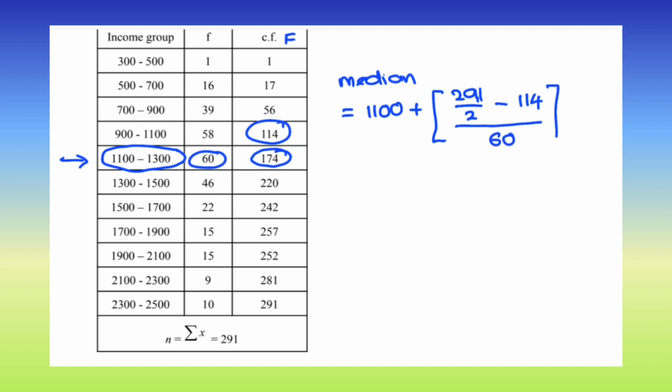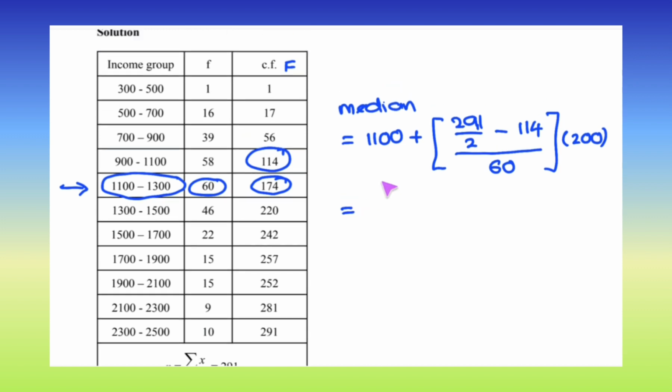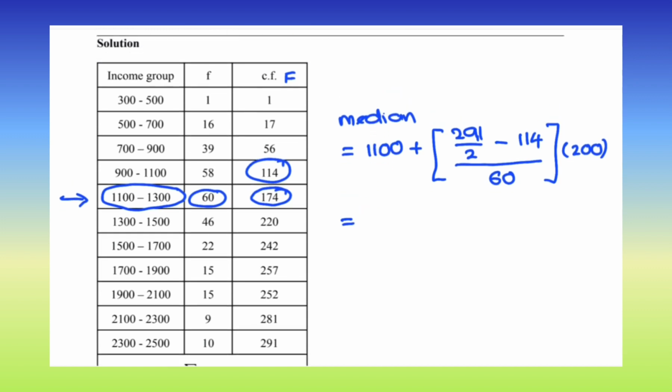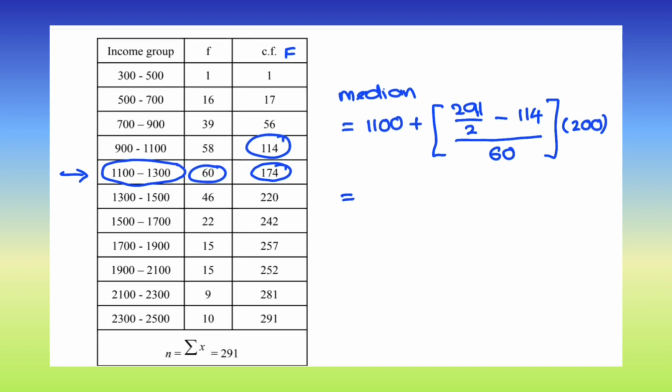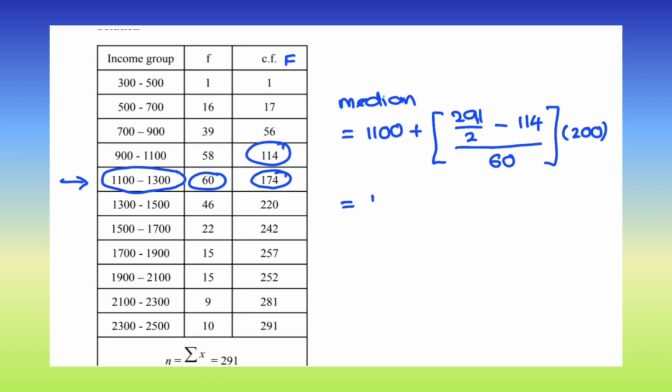So multiply with the class width. In this case, upper boundary 1300 minus lower boundary 1100, so multiply with 200. So we have the answer 1205. Is it right?